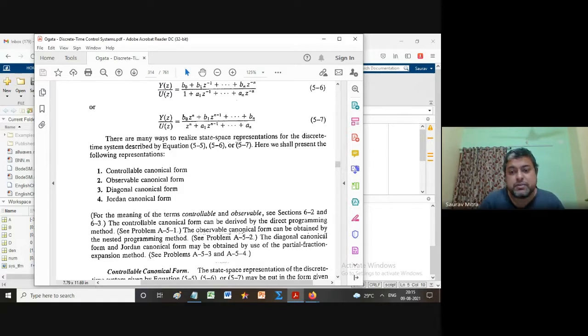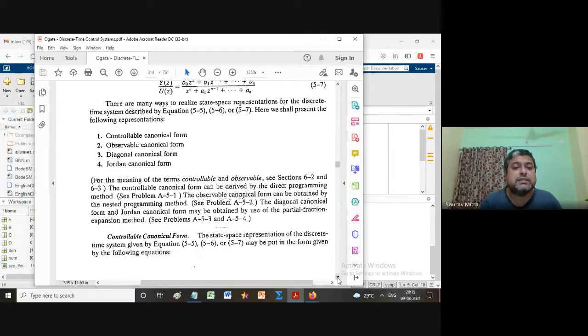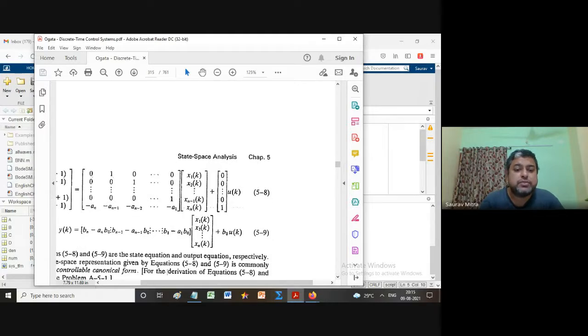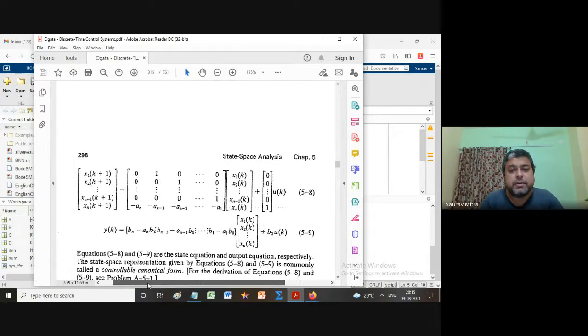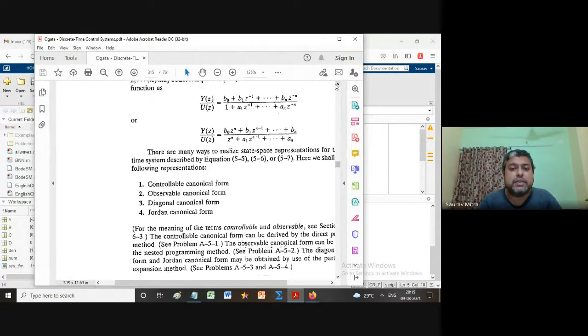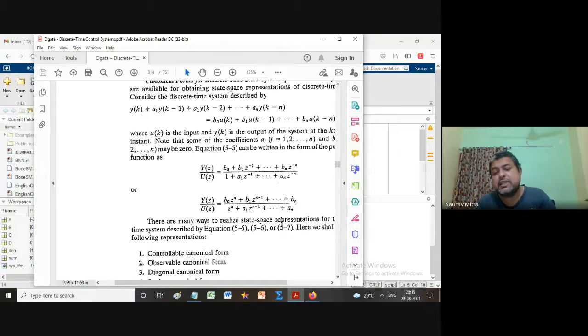The first is the controllable canonical form, the second is the observable canonical form, and the third is the diagonal canonical form. So how can we find the controllable canonical form? It is shown here. You have to remember the transfer function and see how it looks. It is given in Z because all these things are calculated in the Z domain, but for S also it is the same.